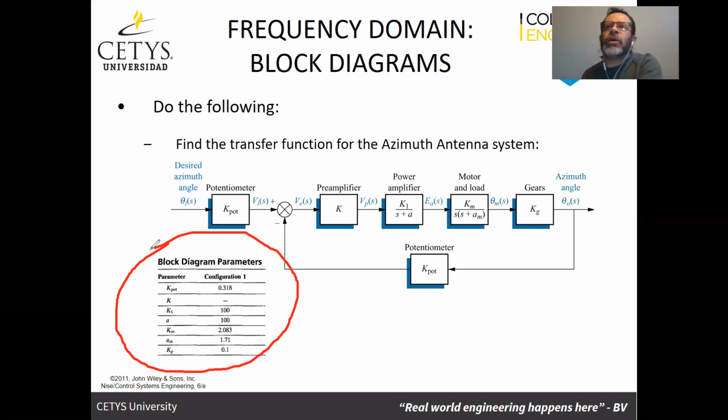Yes, we need to know the specific values. If one of these were the temperature transducer, for example, you would need the information to be able to define the model for that specific type of transducer.